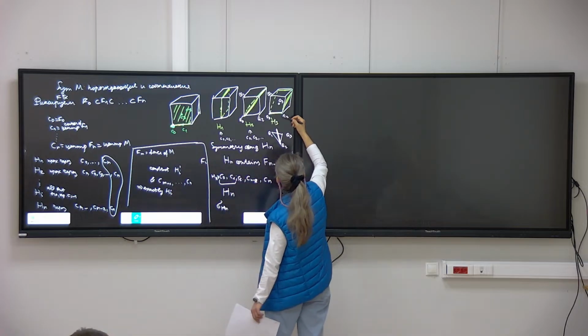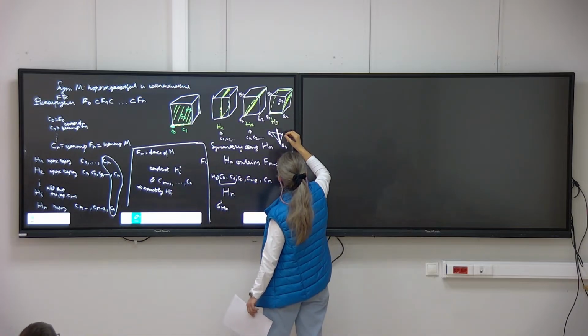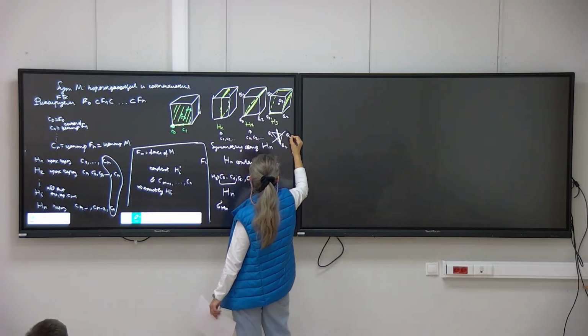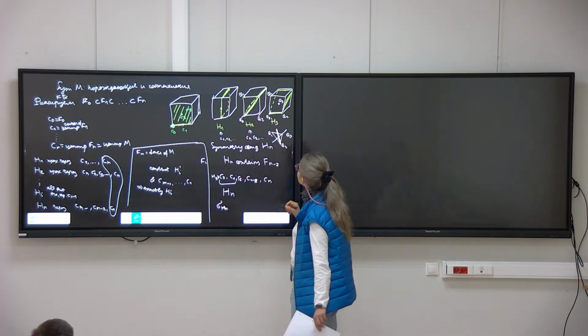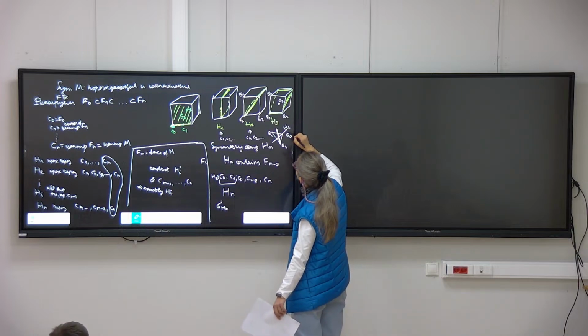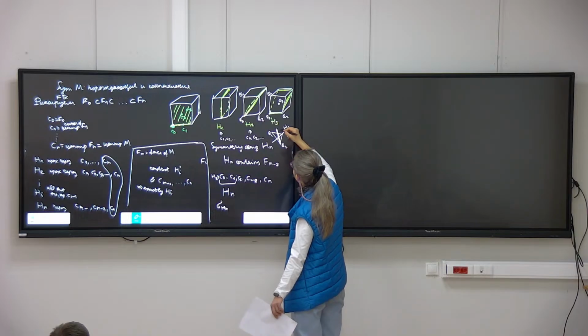So Q2 is preserved. Now, in this one, Q3 is preserved. This is H2, and this is H3.